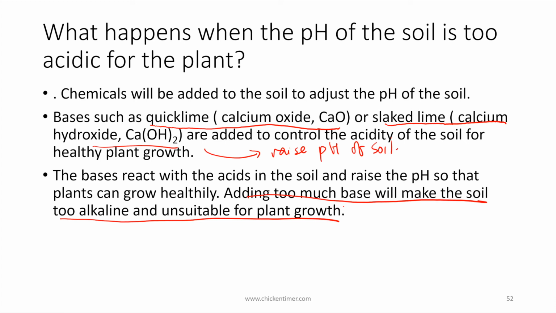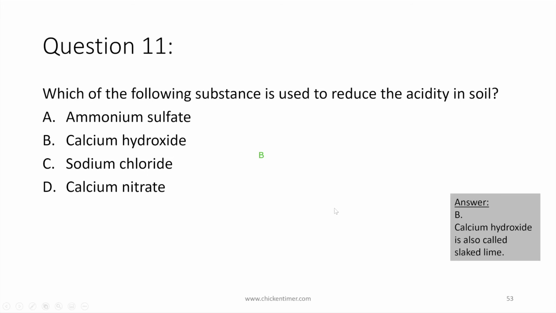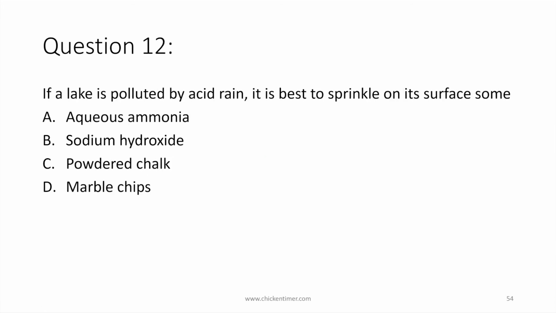That's the story. So the question they will ask you is something like this. Which of the following substances is used to reduce the acidity in soil? Okay, that's right. So this is another variation. Instead of using soil, land and all that, they ask you about a lake that's polluted with acid rain.